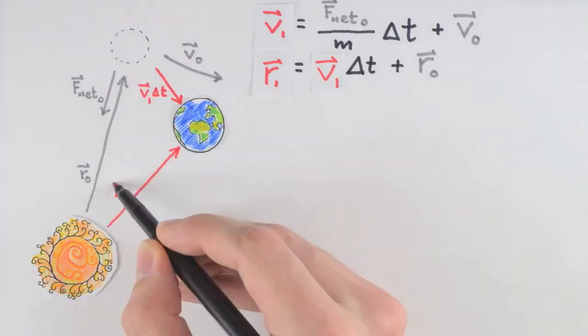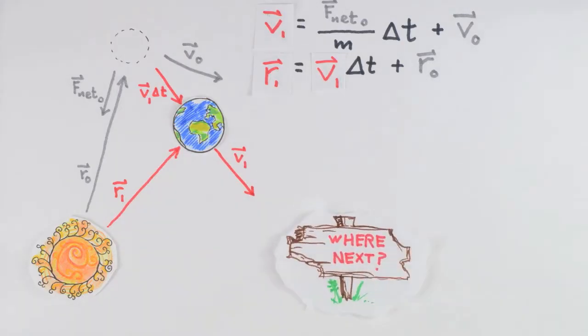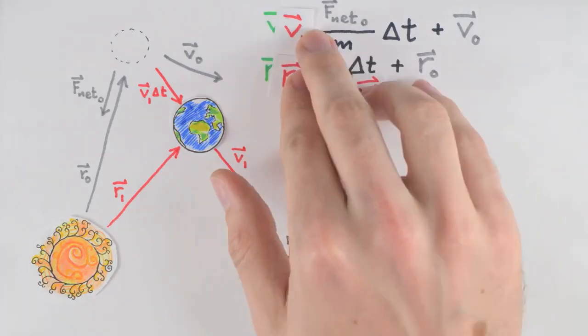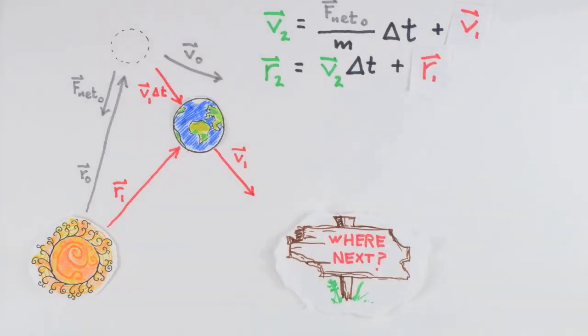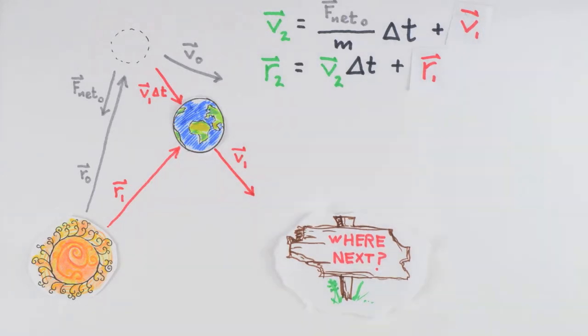That's good as far as it goes, but what if we want to predict still further into the future? How would we do that? Well, we could do this. Take our new predicted position and predicted velocity and go back to the top where we could now treat these quantities as new initial conditions, a new initial position and new initial velocity.